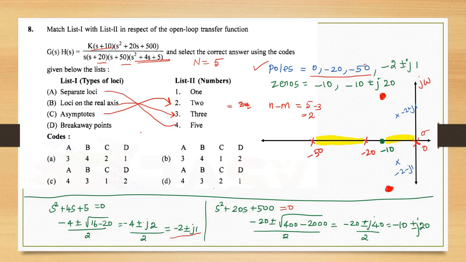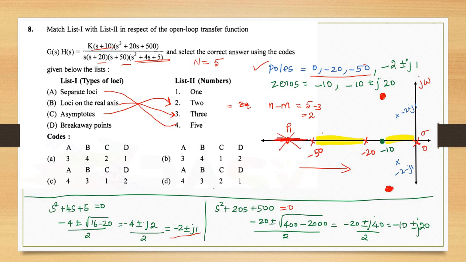A breakaway point lies between two poles. See, in this root locus, we have to consider one point here, to the right of the root locus. How many poles are there? 1, 2, 3, 4, 5, 6, 7 and 8. So there is no root locus region here. There is no root loci.